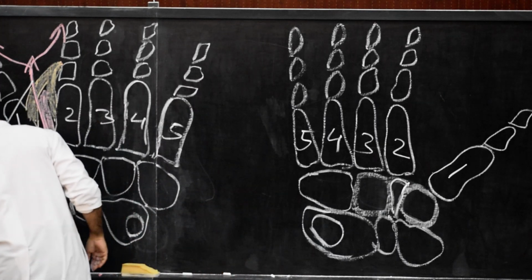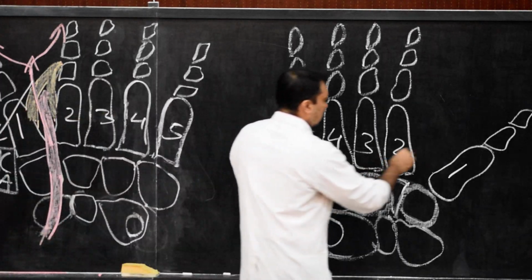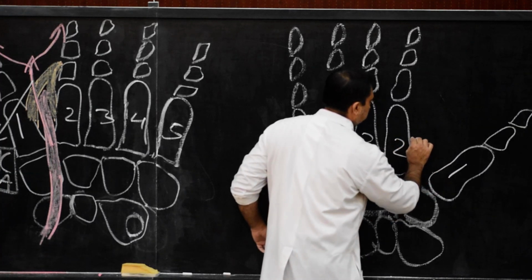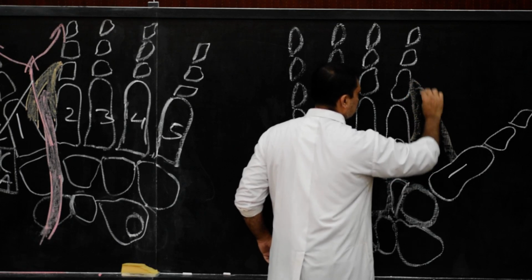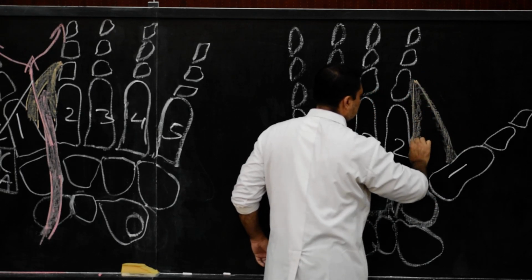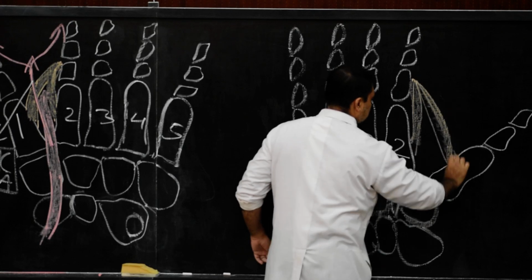In the first dorsal interosseous muscle, this is from the palmar aspect, but we are showing the first dorsal interosseous muscle. Let us draw first this muscle. This is from the dorsum, remember.